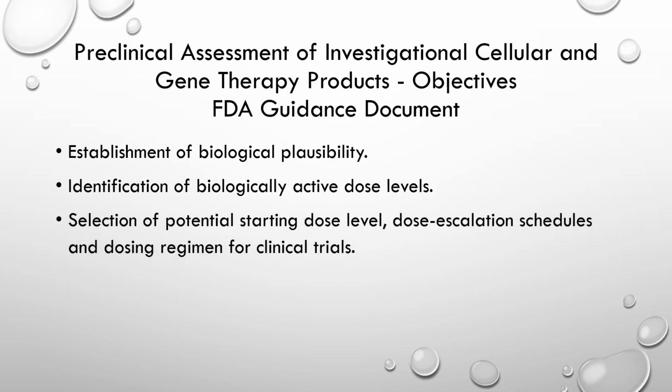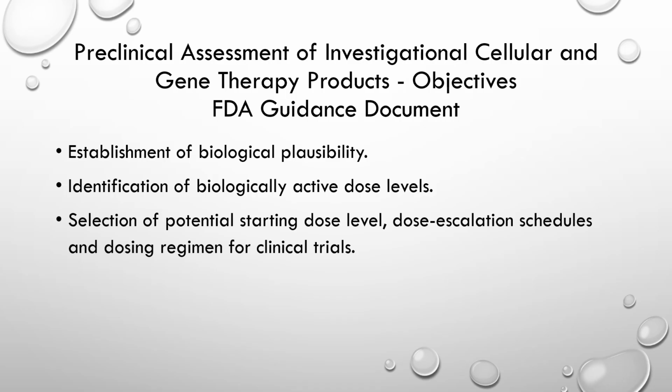The starting dose, the dose escalation schedules and the dose regimen: your clinical trials will be based upon this. What you choose as your minimal effective dose is your starting dose, and the dose escalation schedules, i.e. the period of time between each dose, has to be based upon what you're planning to do in your clinical trials.